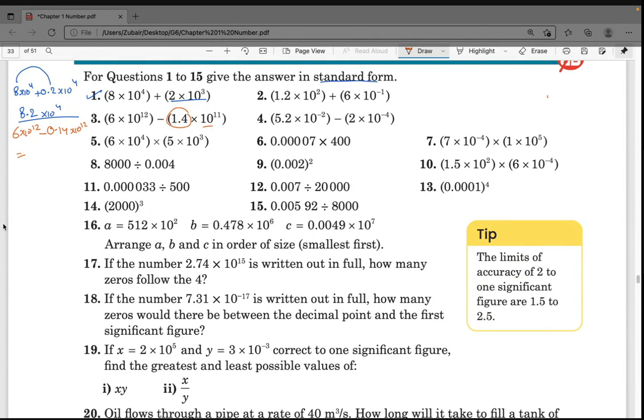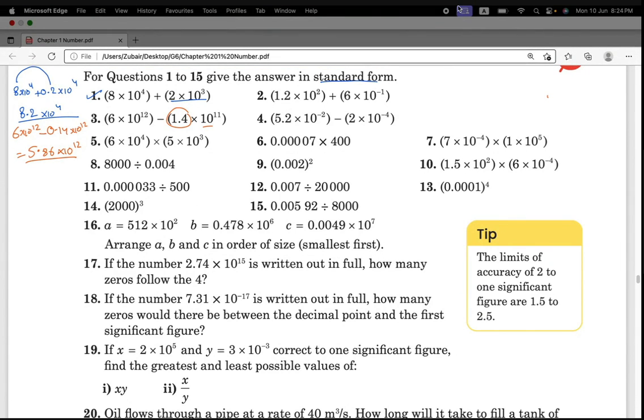I'm directly subtracting 6 minus 0.14, which is giving me 5.86. So 5.86 into 10 raised to the power 12, and that's your answer in standard form. And we'll solve all these questions in the same way.